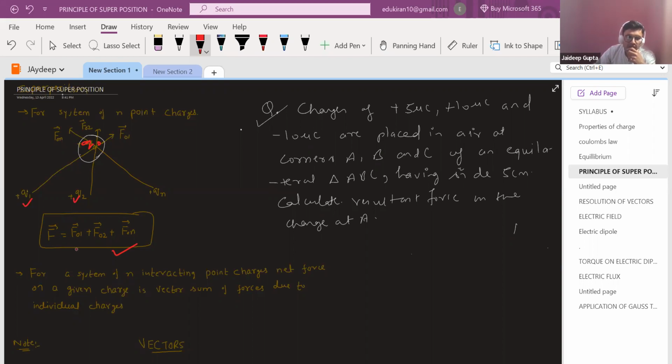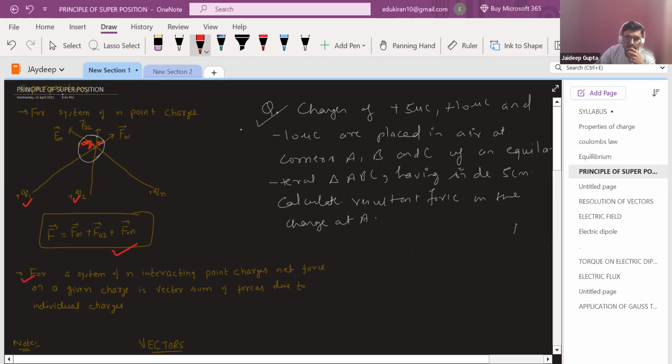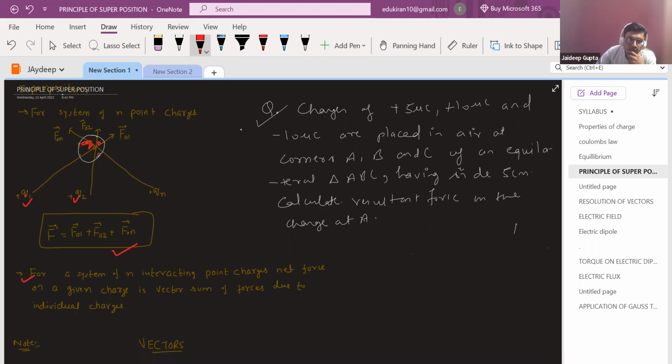Let these be the charges Q1, Q2, up to Qn. The force due to Q1 will be repulsive if it is a positive charge. As I told you, like charges try to push each other, and due to Q2 they will push in the upward direction, and we will do the vector addition.